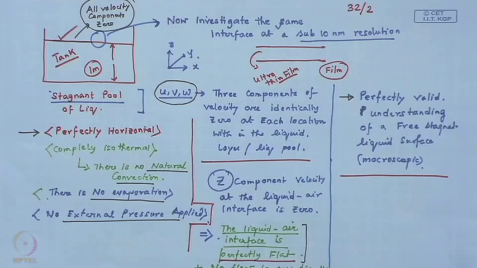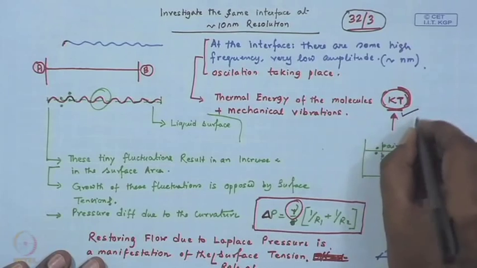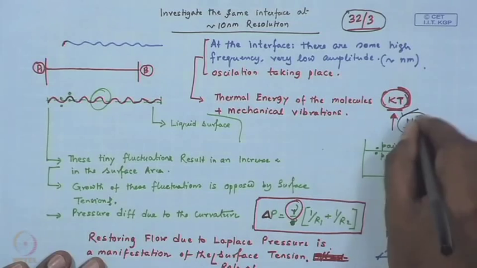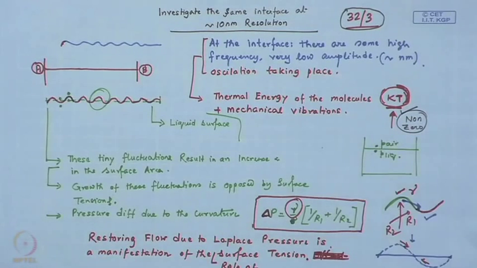The temperature is a practical temperature, it can be room temperature or elevated temperature, and the moment you are talking about such a temperature, this component of energy is non-zero. So, this is finite, and these fluctuations are always going to be present.